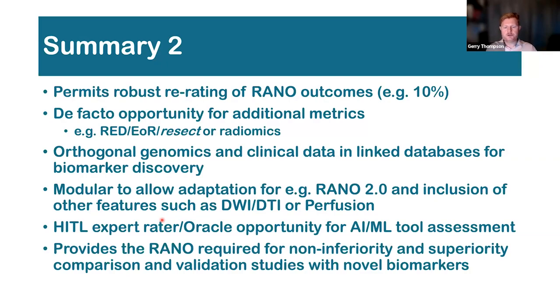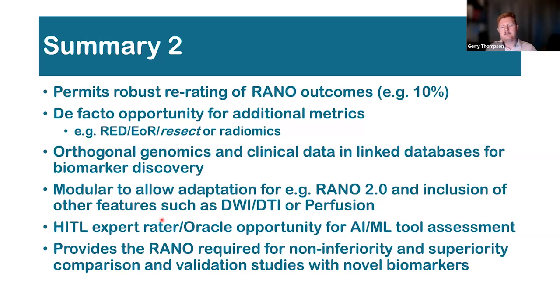And perhaps a really crucial thing just to remind is, for all the additional potential here, fundamentally, we need RANO to deliver on the clinical trials, but also if you want to develop or move on from RANO, you need that basis if you want to determine non-inferiority or superiority for comparison and validation studies if you've got a development of RANO or a novel biomarker.